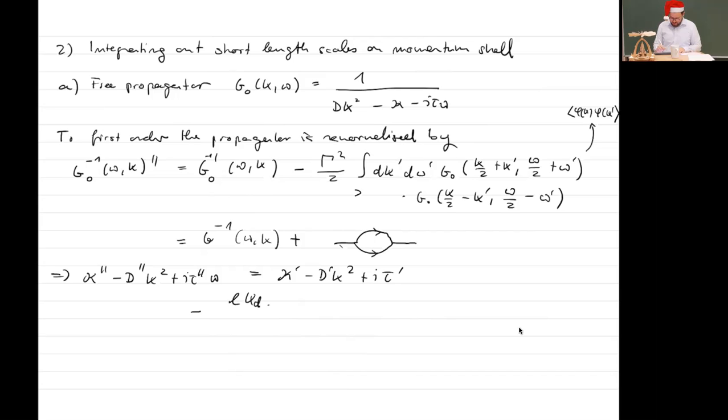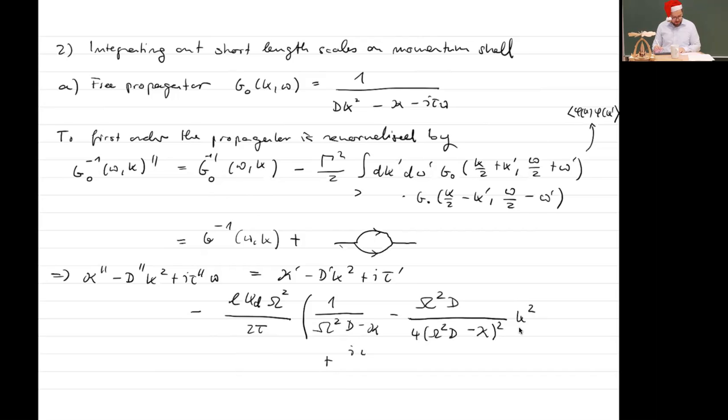I'll tell you now what this is: omega to the power of d, 2 tau, 1 over omega squared d minus kappa minus omega squared d over 4 omega squared d minus kappa squared k squared plus I tau over 2 omega squared d minus kappa squared omega plus higher order terms.